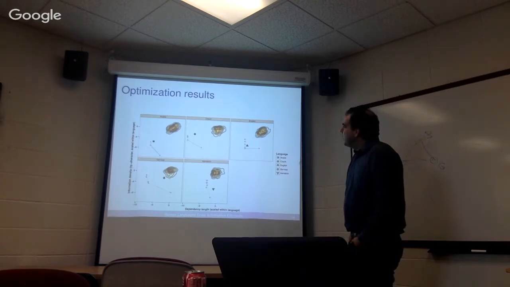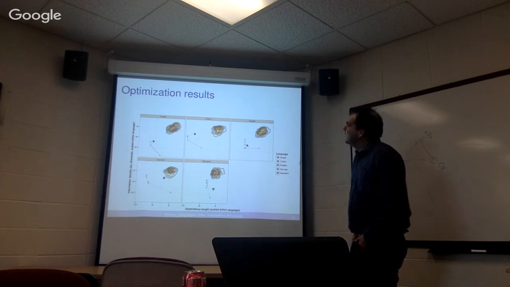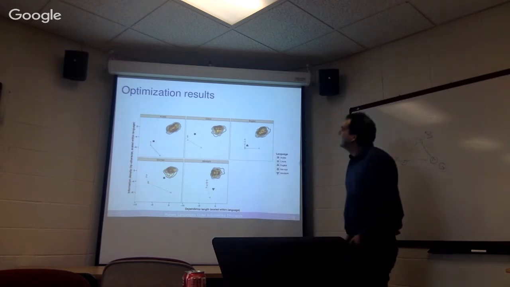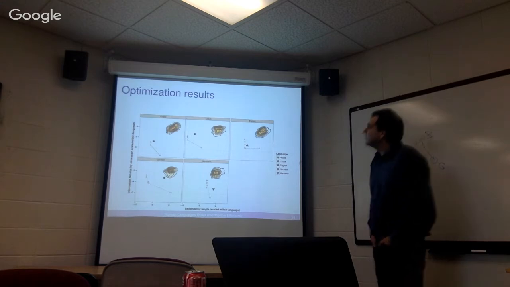And basically what this shows is that you can push further than the real language. You can always get further to the left than the real language. But the real language is kind of close compared to the random languages.